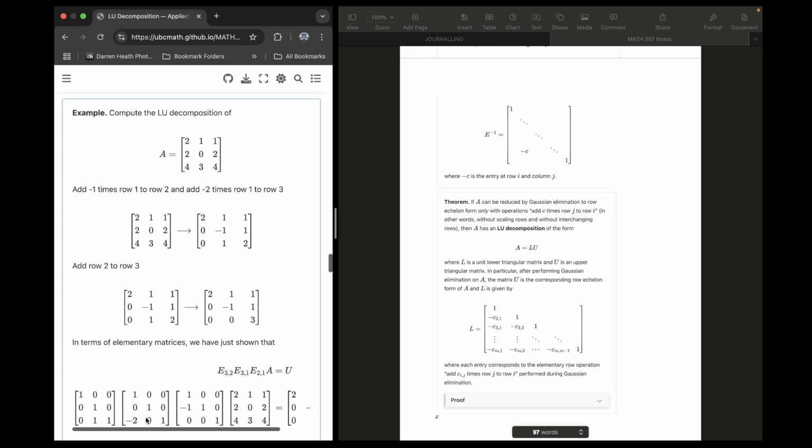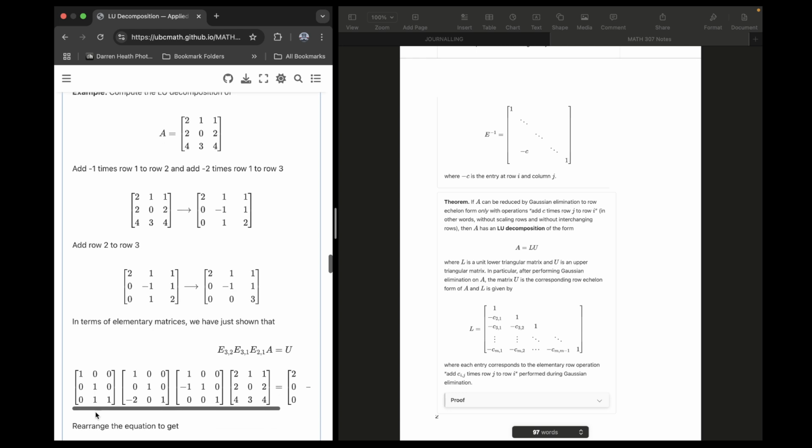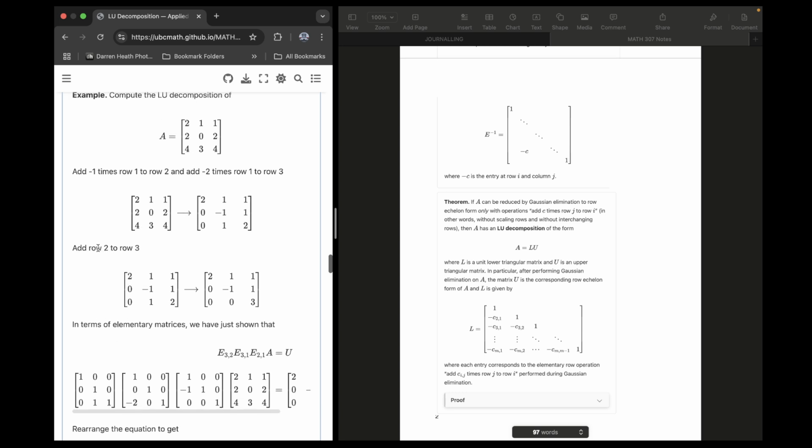So whichever row we're attributing the operation to, that row will contain the coefficient, and then the 1 sticks to whichever row you're adding to the main row. And then we're adding row 2 to row 3.